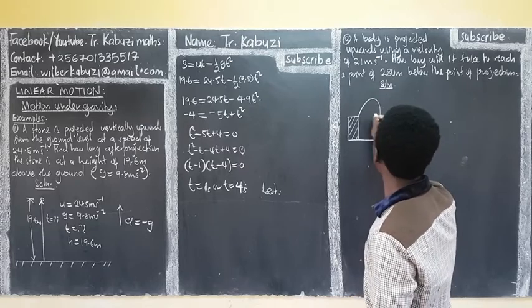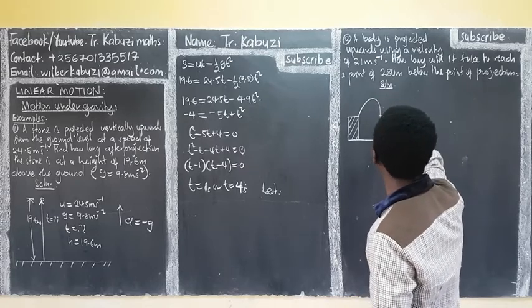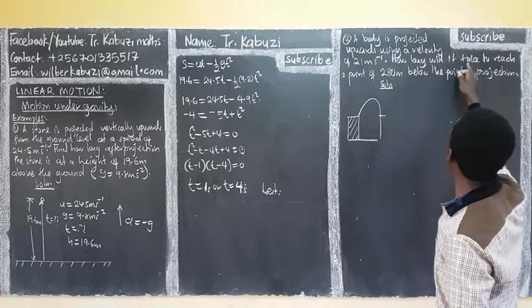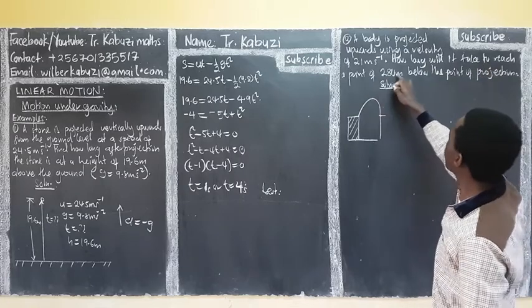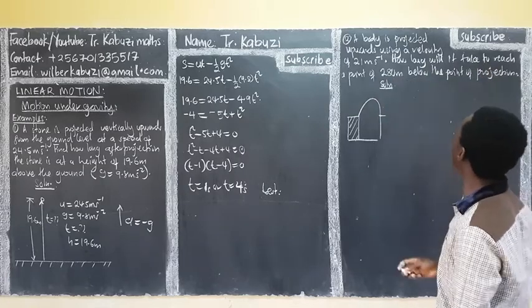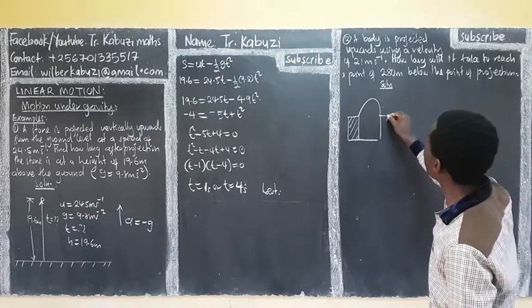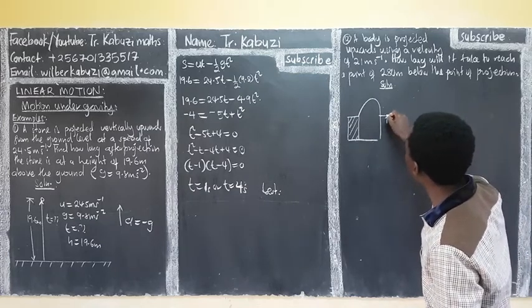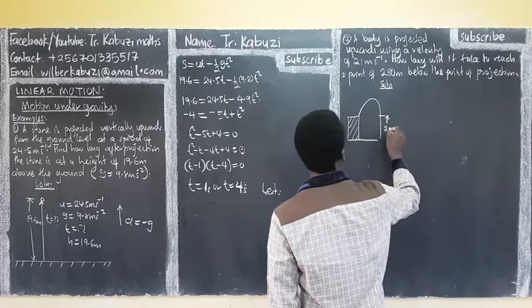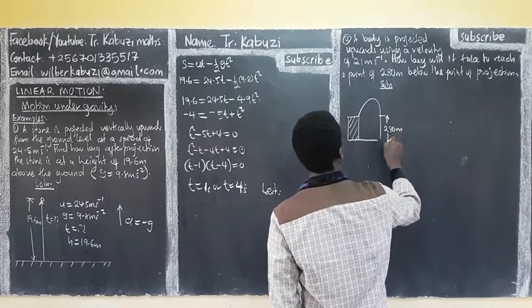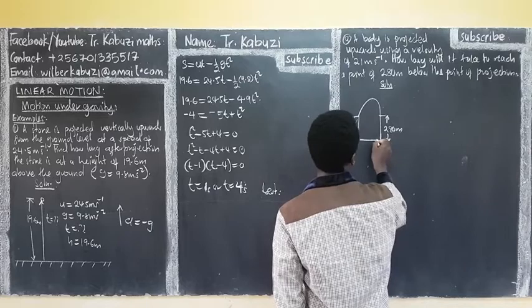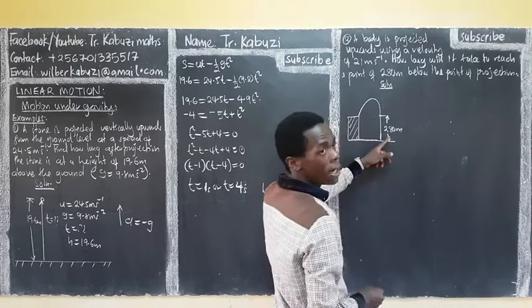So at this point here, they are asking how long will it take to reach the point of 200 meters below the point of projection. So if this was the point of projection, then this one below it is the 280 meters. But because it's below the point of projection, this one is going to be negative.